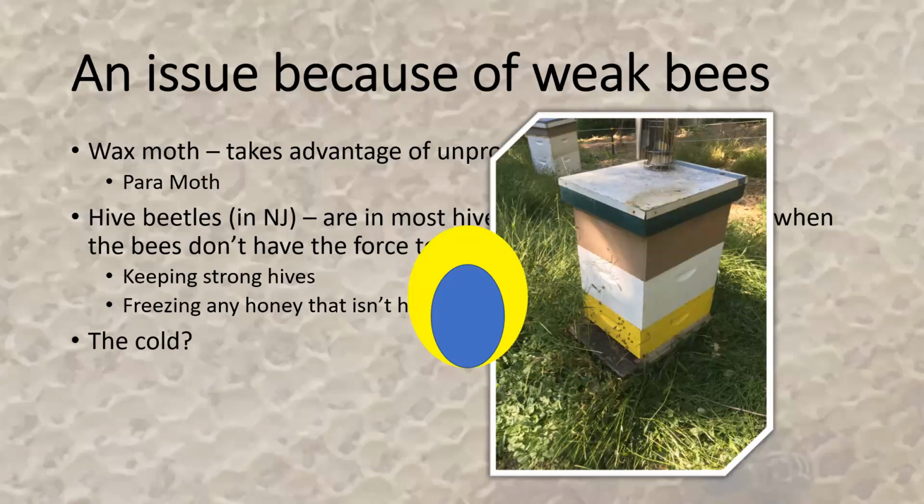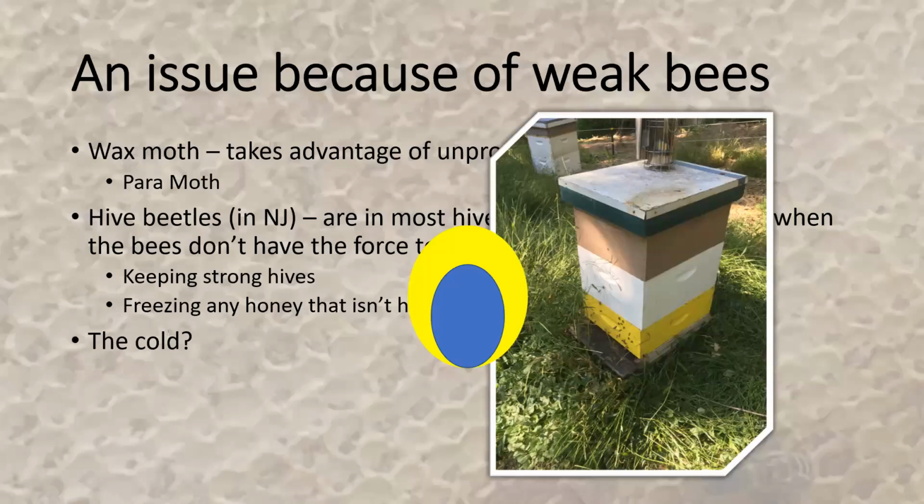This time of year, we got a cold snap here. Right here, you can see that the entire brood area is touching honey. So that brood is not going to starve. Those nurse bees have honey nearby so that they're able to feed it.